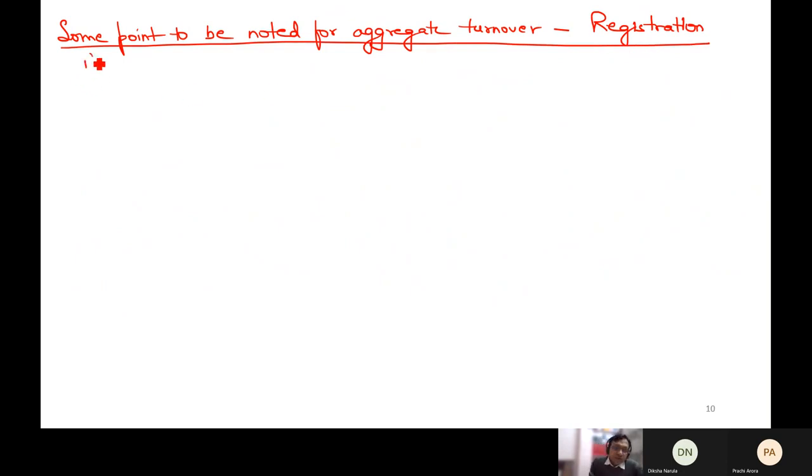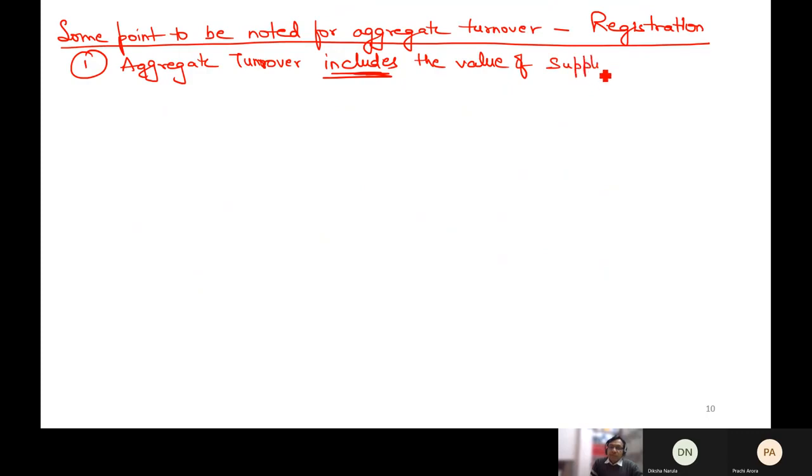Now what is my first point? Aggregate turnover includes the value of supply made by a person on his own account or on behalf of his principals.